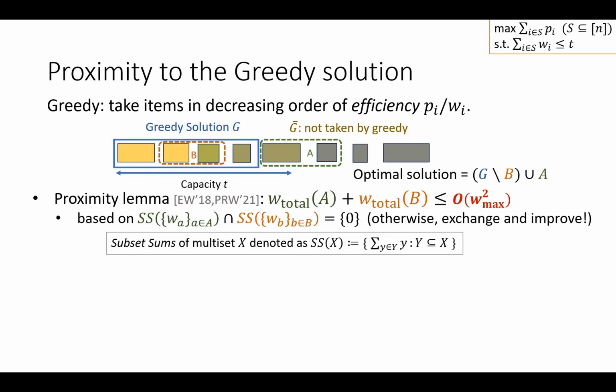But by the way we sorted the items in decreasing order of efficiency, we know that the efficiencies of the items in A should be lower than the efficiency of those in B, which means that this exchange will improve the total profit of the solution, which will violate the optimality assumption.